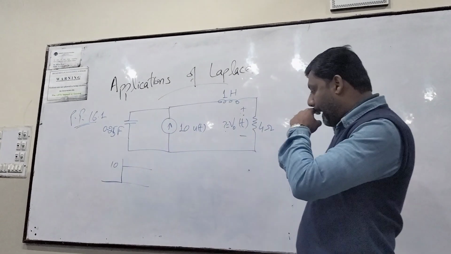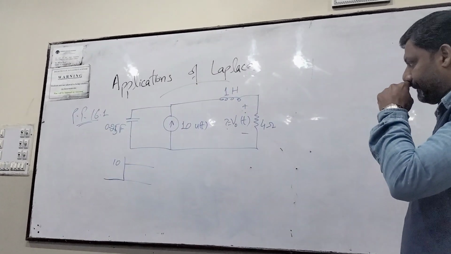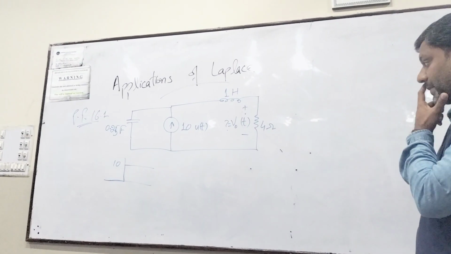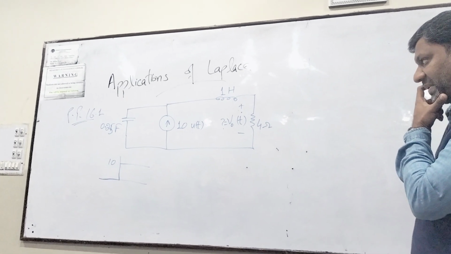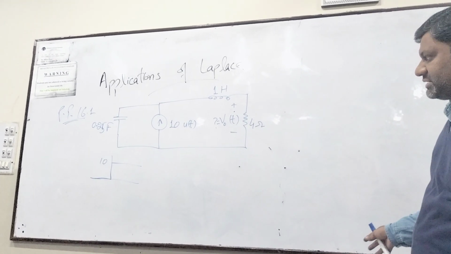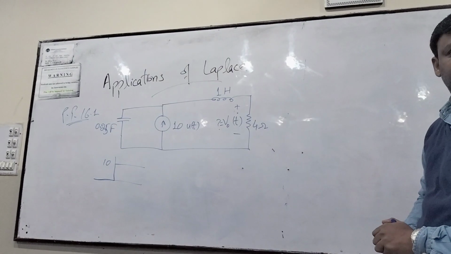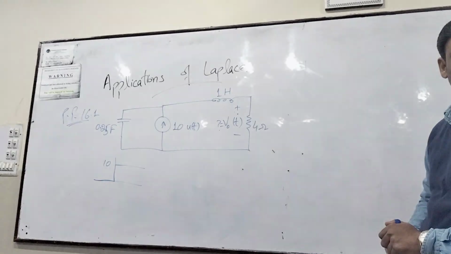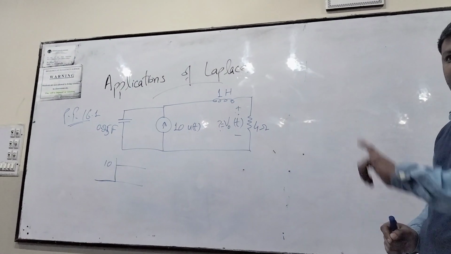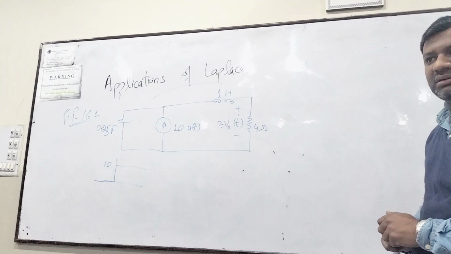This time, unfortunately, if you have the contents of this course only, then you have to jump into the Laplace to solve it. Otherwise, you have to consider the time domain scenario as well.